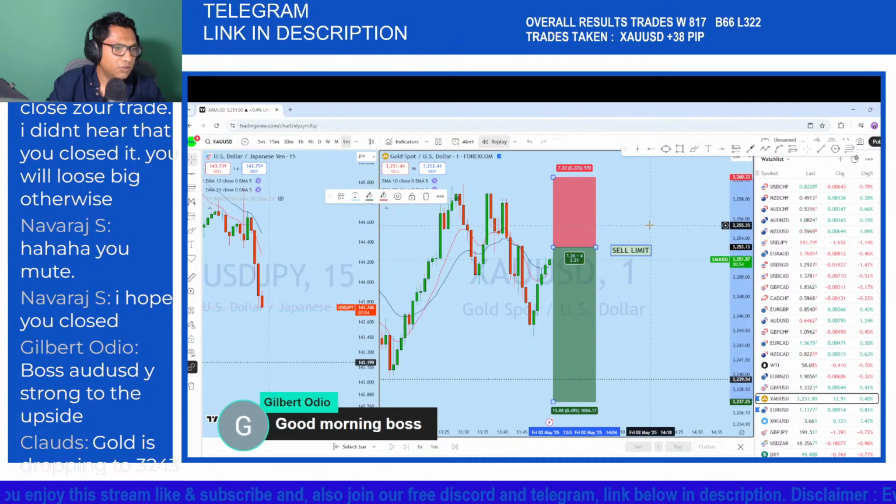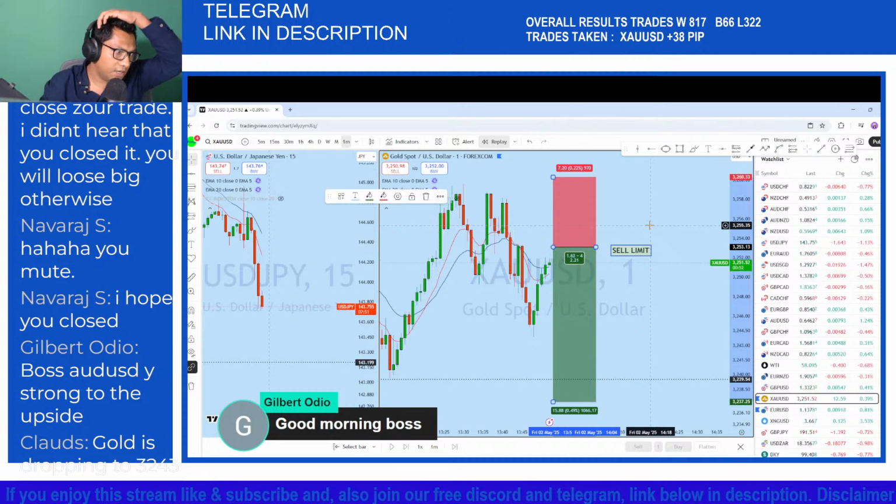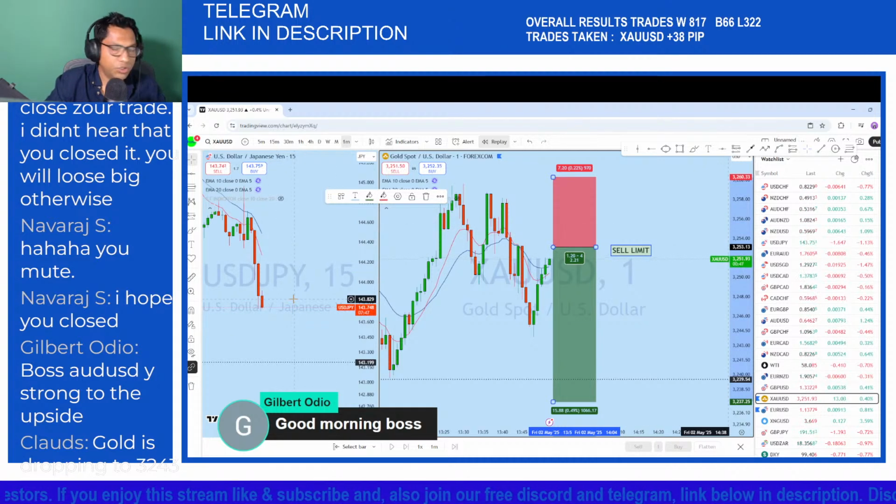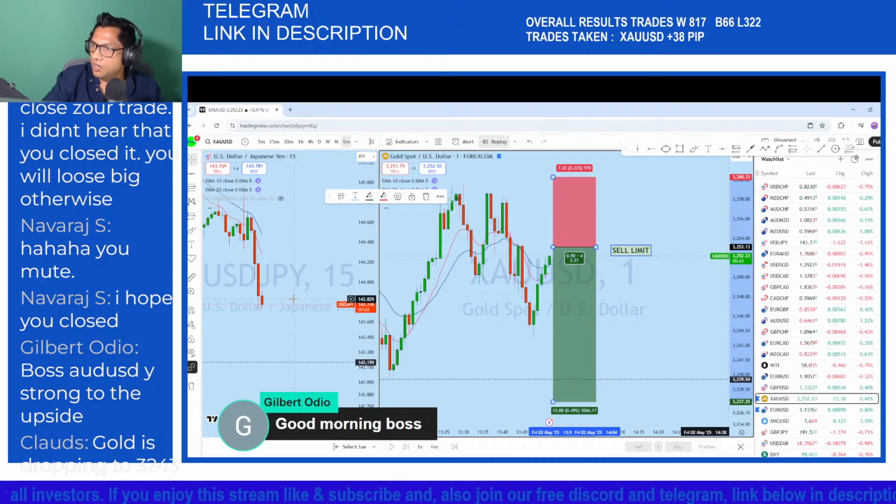So we place another trade here, still not active, but placed the sell limit while dollar yen keeps pushing down. If I get triggered, I will give a shout out here.